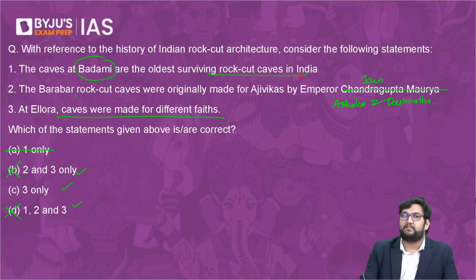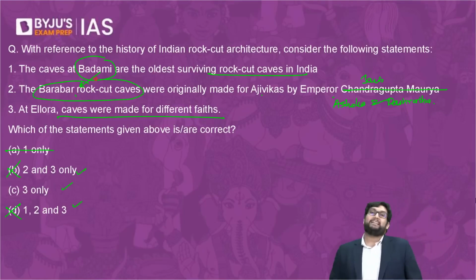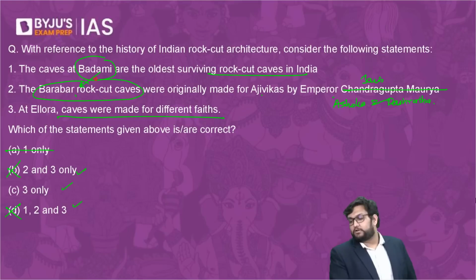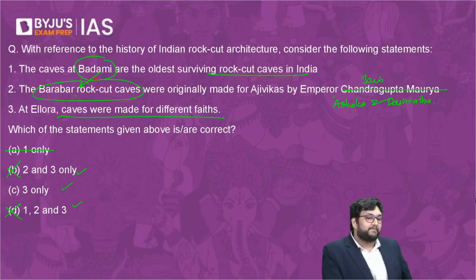Badami are the oldest caves. The name of these caves are given in the next statement itself. Not Bhimbetka. Come on here. Bhimbetka is a prehistoric cave. The oldest rock cut, it says rock cut caves, not natural caves. Rock cut caves, the name is given in the second statement itself.